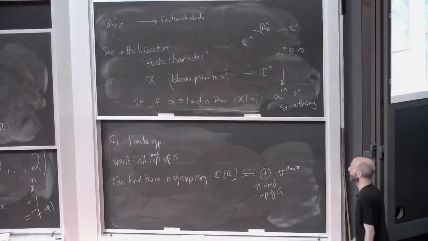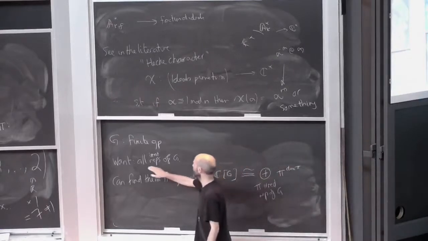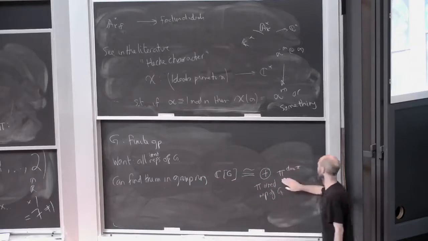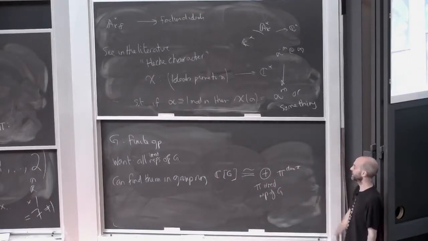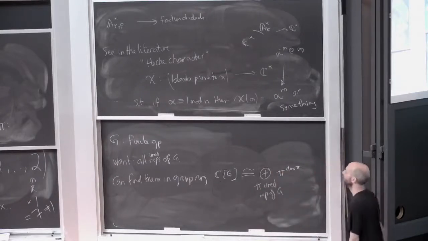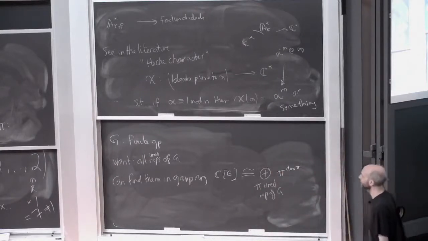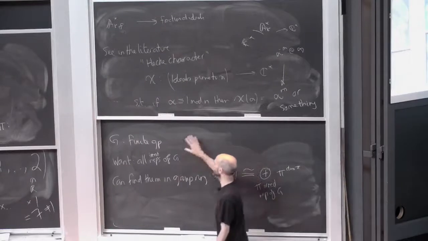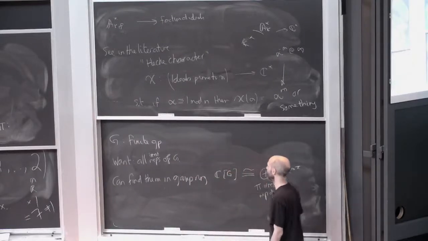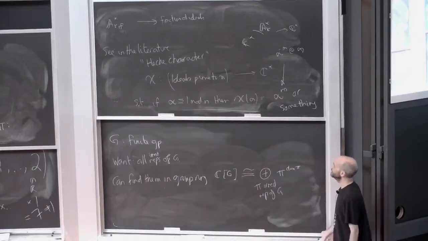Okay? And in particular, if I'm interested in an irreducible representation, it's got dimension at least 1. And so it shows up on the right-hand side with multiplicity at least 1. So it shows up on the left-hand side as well. Okay? So if I've got a random finite group, and I wanted to look at all the representations of that group, then I could look at the group ring.